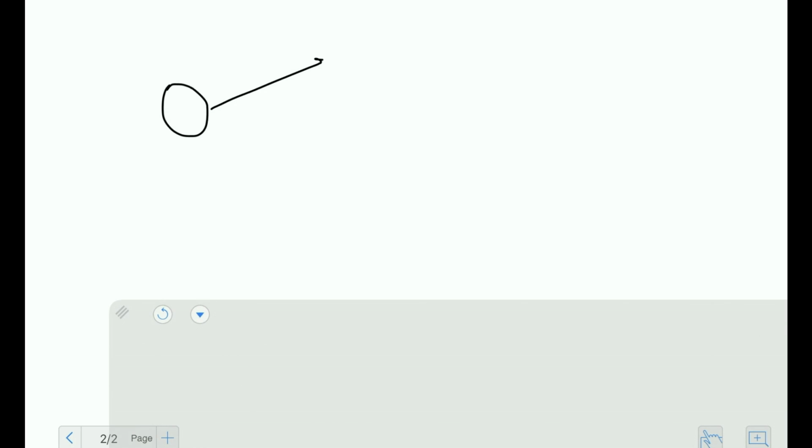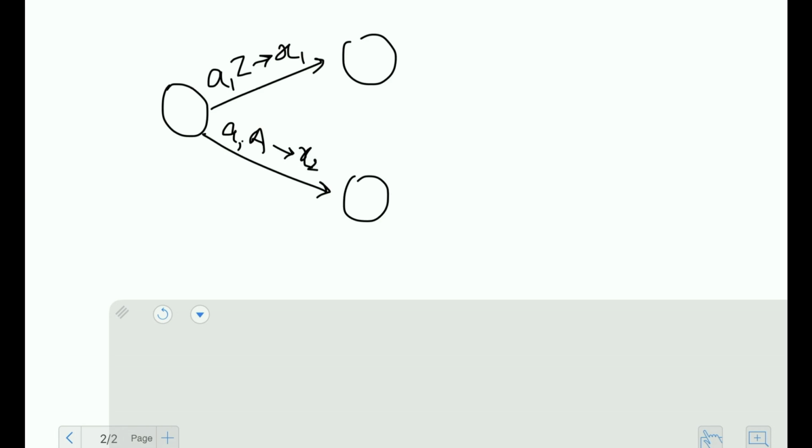So remember that if I have something like this, if I have something like a comma z goes to some x1 and I have another one which says a comma A goes to x2, this still has not broken determinism.